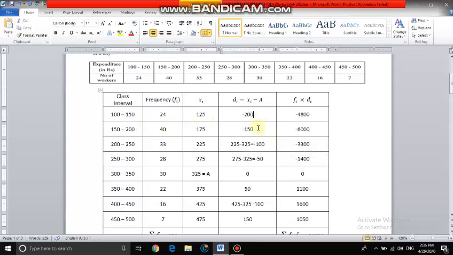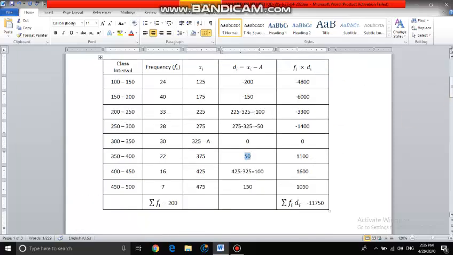Minus 200 plus 50 is minus 150, minus 150 plus 50 is minus 100, minus 100 plus 50 is minus 50, minus 50 plus 50 is 0, 0 plus 50 is 50, 50 plus 50 is 100, 100 plus 50 is 150. So you can increase by 50 as per the class size, or you can do the regular subtraction, like 375 minus 325 will be 50. So you can do it that way also.